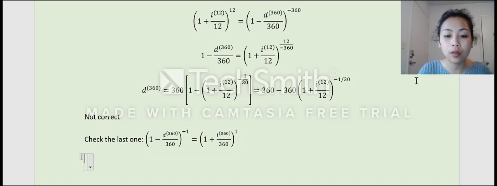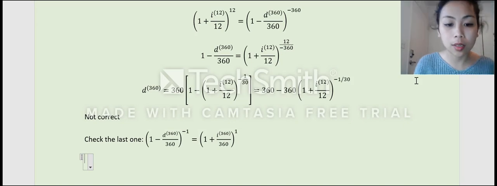From here we are going to solve for d^(360).